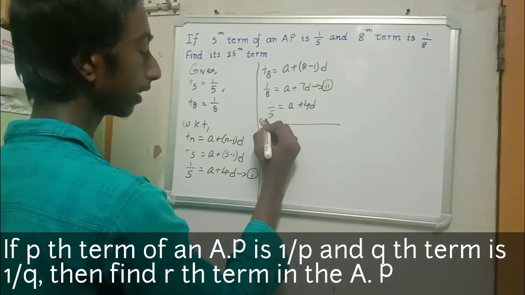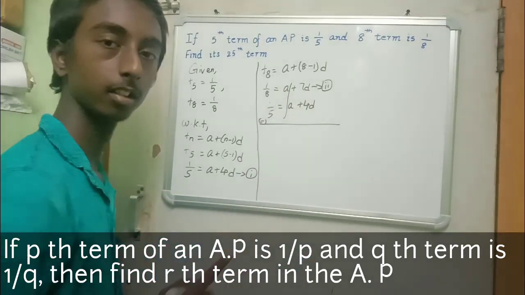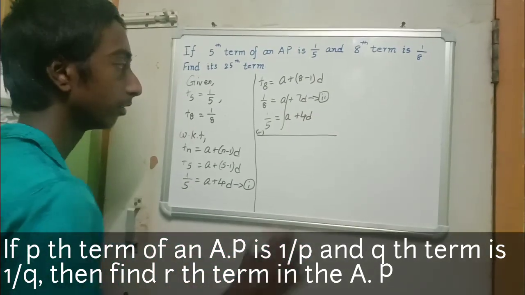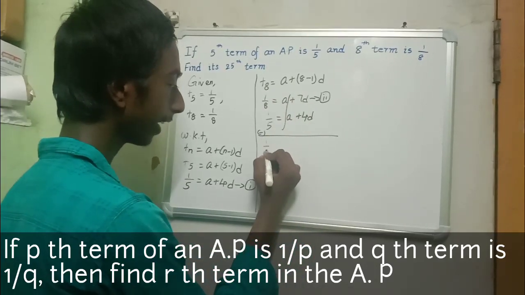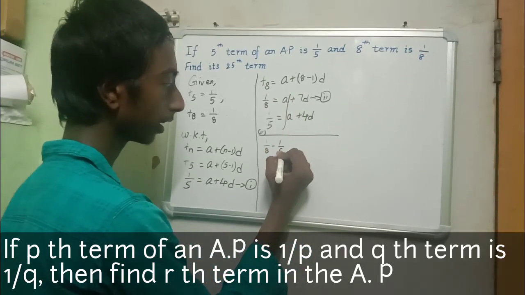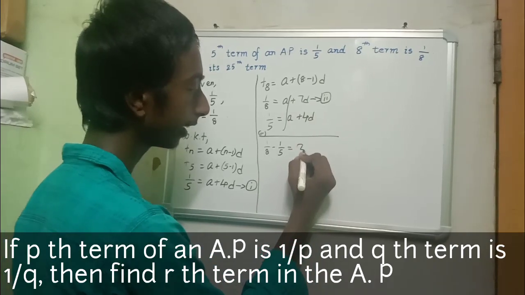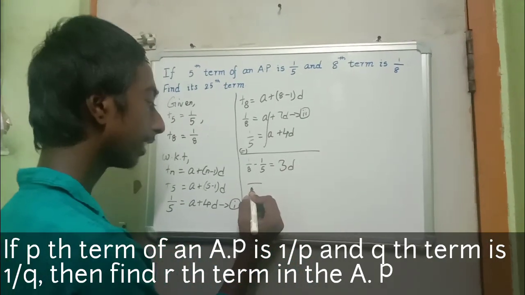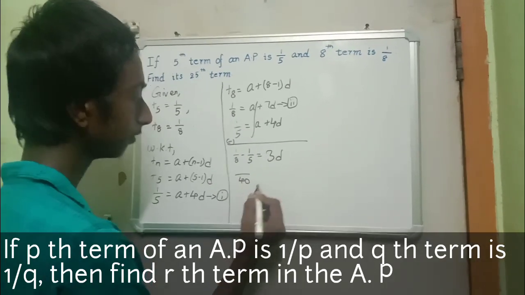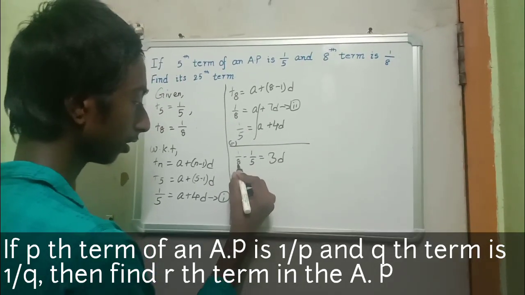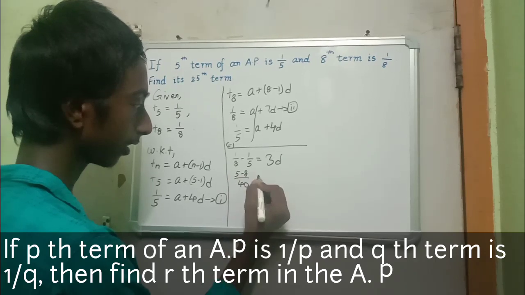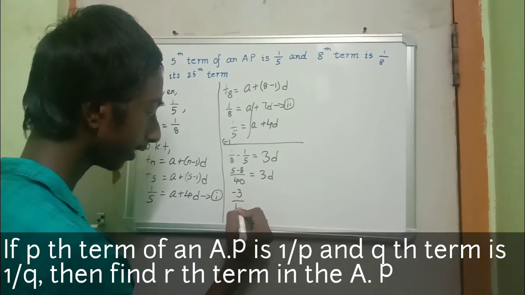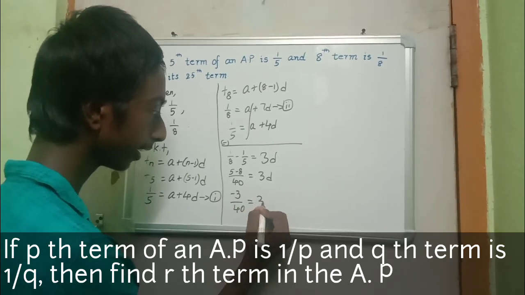So let's subtract the two, cancelling the first term. So 1 by 8 minus 1 by 5 equals (7 minus 4), 3d. The LCM becomes 40. 5 minus 8 equals 3d, so minus 3 by 40 equals 3d.